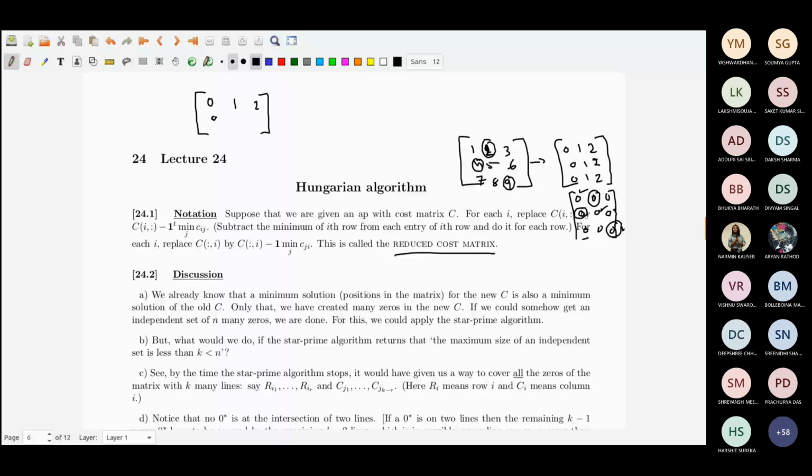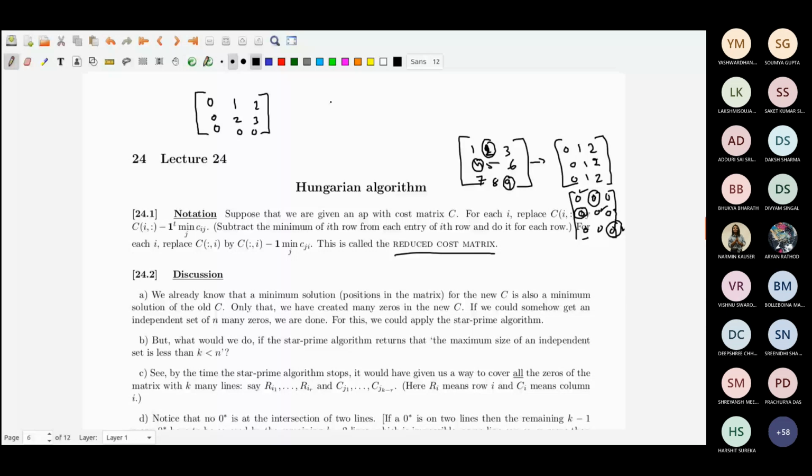This is one typical example. So what happens? This is a reduced one. You cannot further reduce. Row minimums are 0. Column minimums are 0. No reduction further.